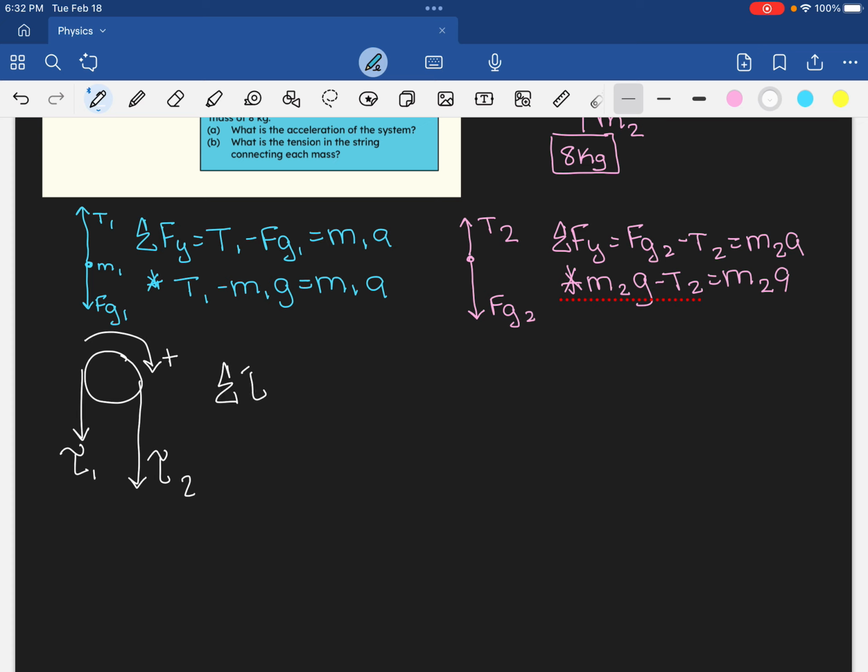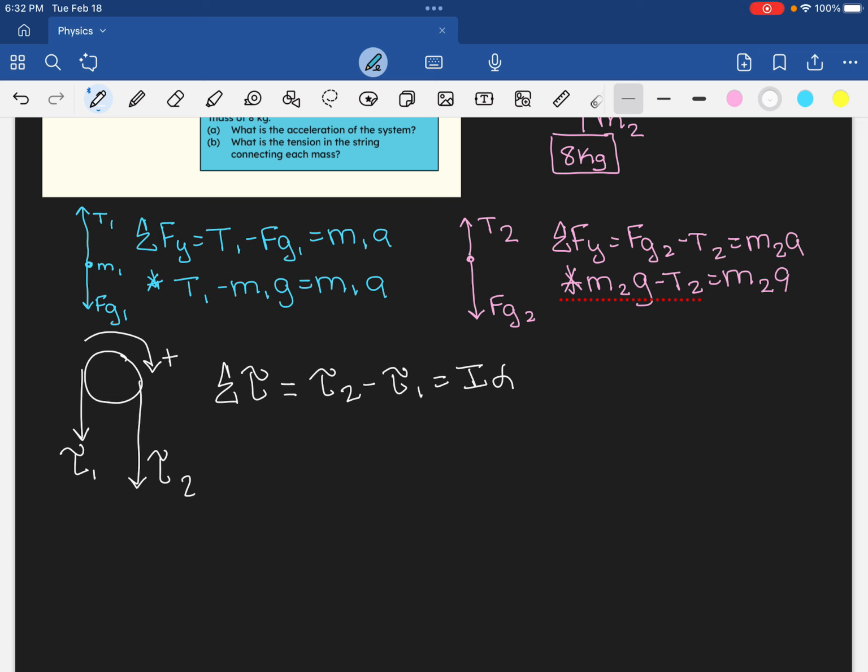The sum of all the torques in this direction is going to be torque 2 minus torque 1, and that's going to equal I alpha. Notice that I am plugging in the rotational versions of those equations. So instead of forces, I have torques, and instead of m times acceleration, I have my moment of inertia times my angular acceleration.